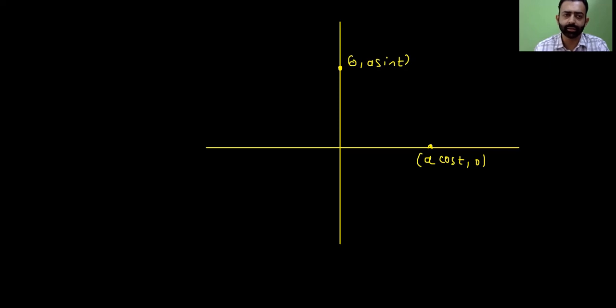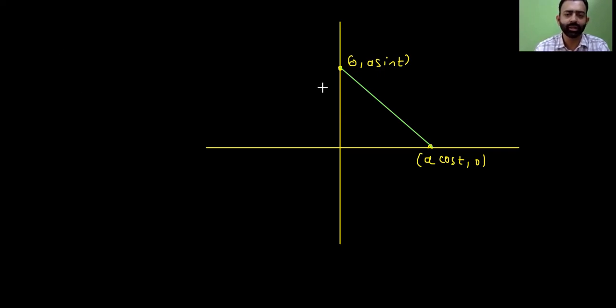And the length of this line, you have to show that this is always equal to a. Using Pythagoras theorem you can find it out, or you can apply the distance formula. Any method you can apply.